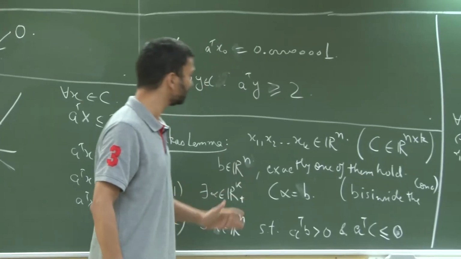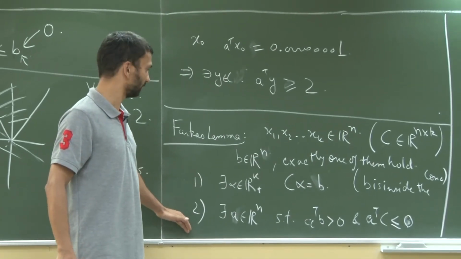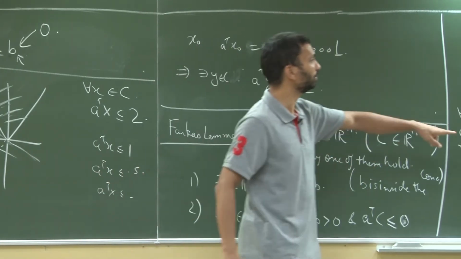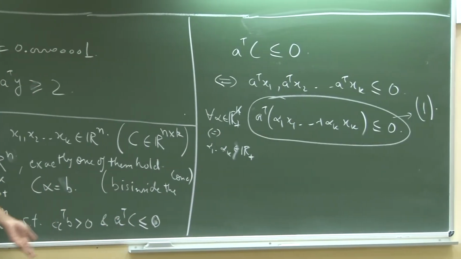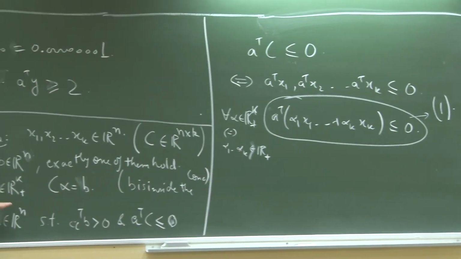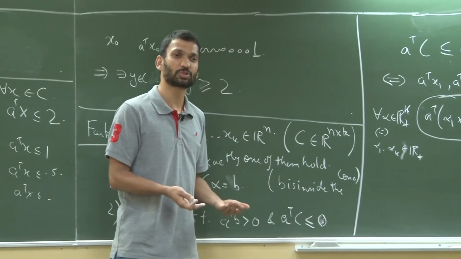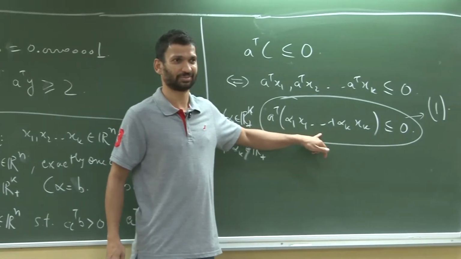Why can I clearly say that if the first holds, then the second can't hold? If B is equal to C alpha, that means B can be written as alpha 1 x1 plus alpha 2 x2 plus ... alpha k xk. Now, if A transpose C is less than or equal to 0, then A transpose B has to be less than or equal to 0 by the same thing.